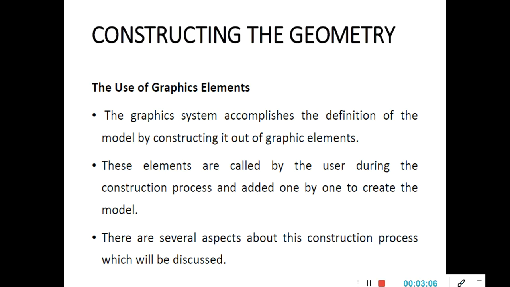Constructing the geometry. The first part of this design process is constructing the geometry. So how are the graphic elements going to be used? The graphic system accomplishes the definition of the model by constructing out of the graphic elements. These graphic elements are added one by one to create the model.